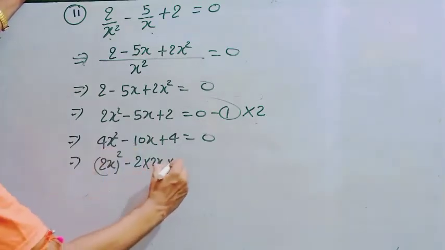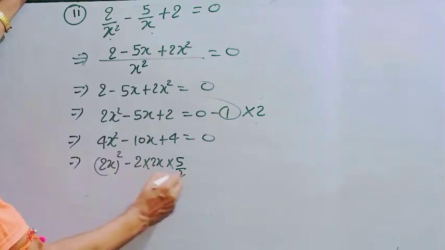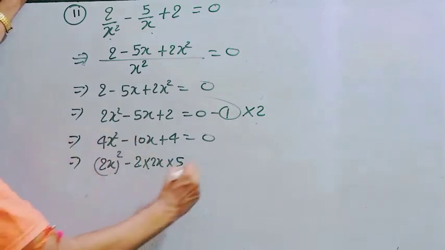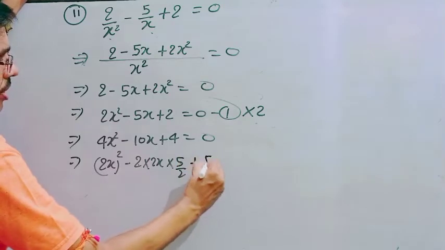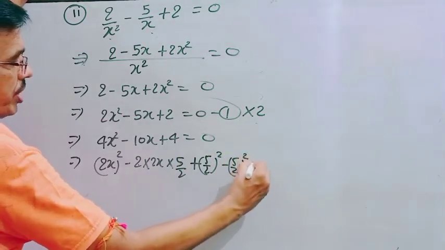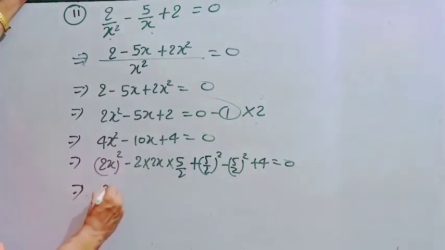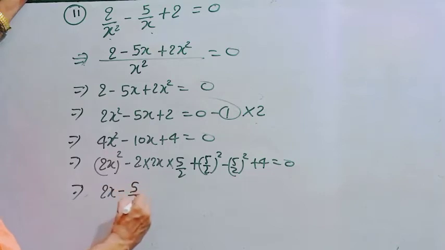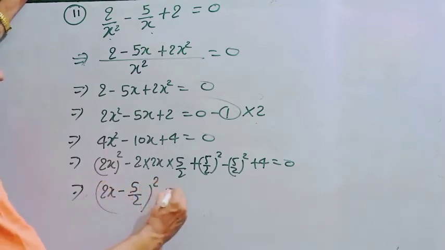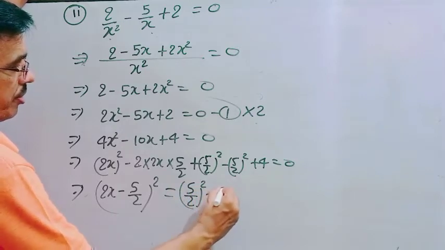You get 10, then it is clear, you write 5 by 2. If 5 by 2 is multiplied, then the 2 cancels, and you get 10x, and plus 5 by 2 whole square and minus 5 by 2 whole square plus 4 is equal to 0. Here is 2x minus 5 by 2 whole square is equal to 5 by 2 whole square minus 4.